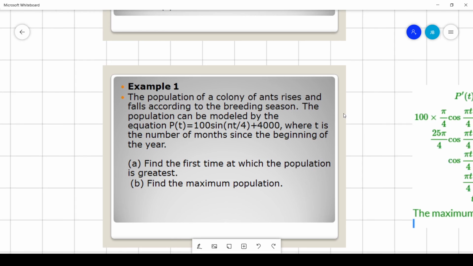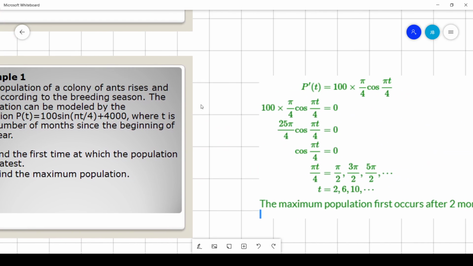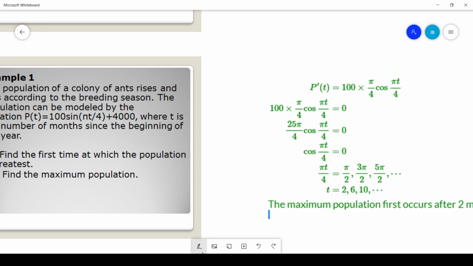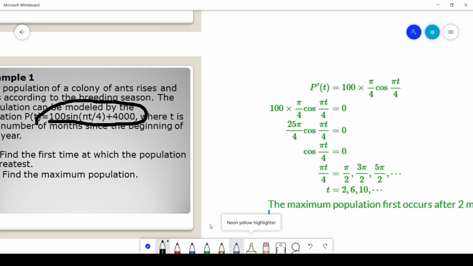Which population is greatest? So once again, let's go to the solution. You're just going to derive this equation here. So you just derive that equation and you will arrive at this equation. So P prime of t will be equal to, what's the derivative of sine pi t over 4?